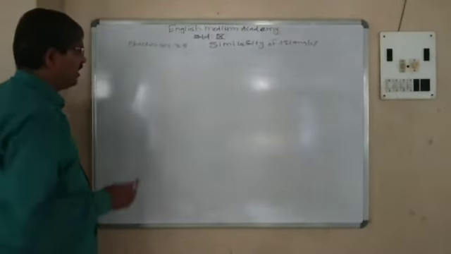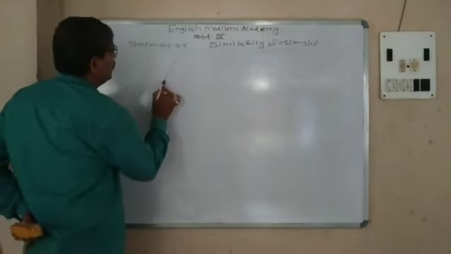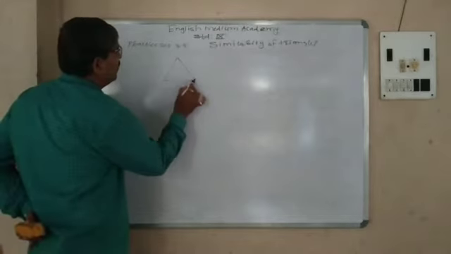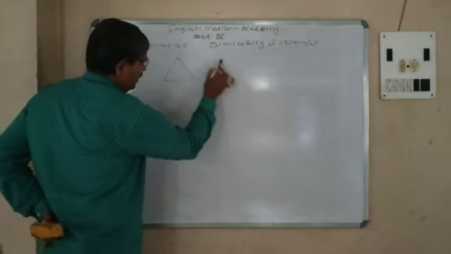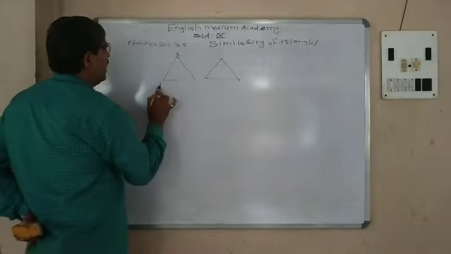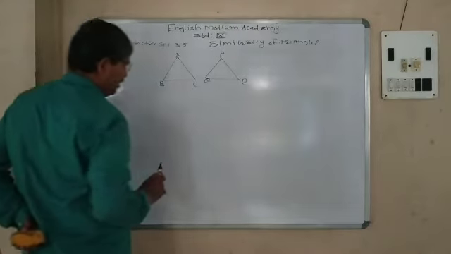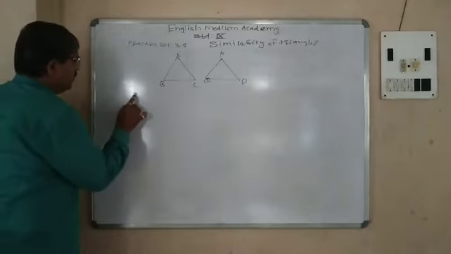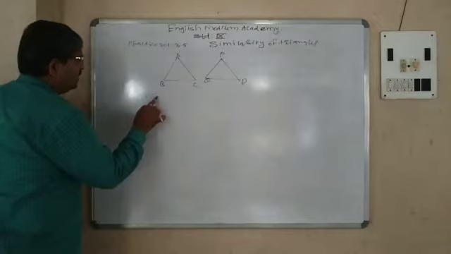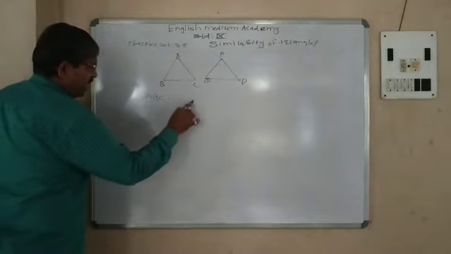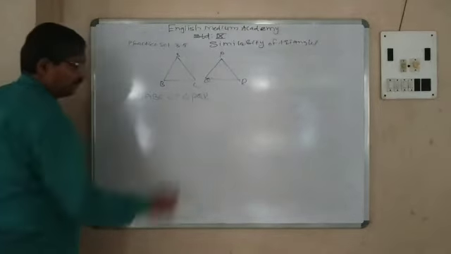I am going to draw two triangles. The name of one triangle is ABC, and the second one is PQR. Suppose triangle ABC is similar to triangle PQR.